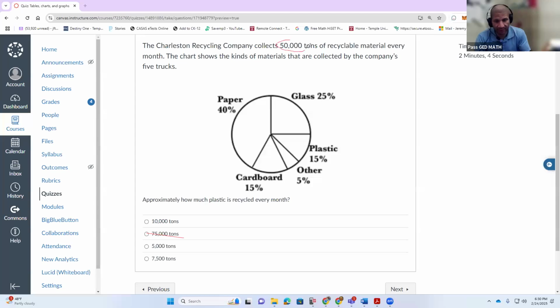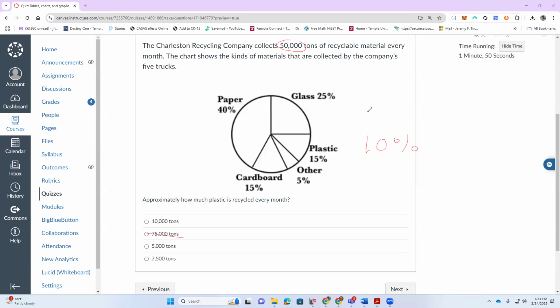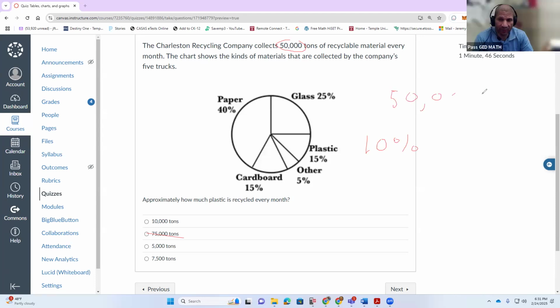Okay, what's 10% of 50,000? How do we find 10% of 50,000?